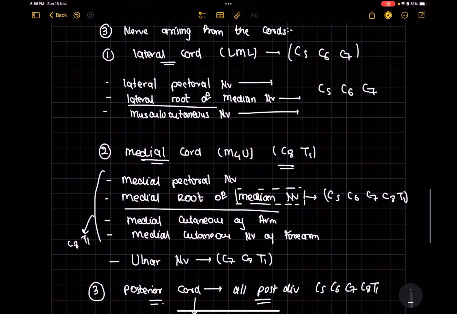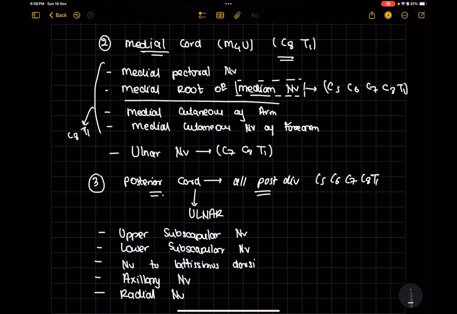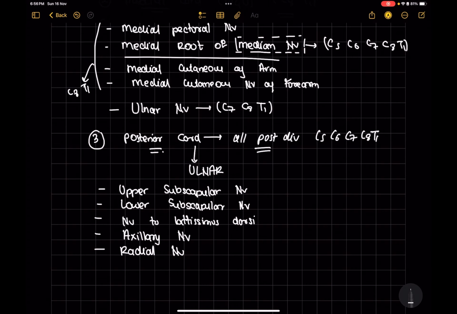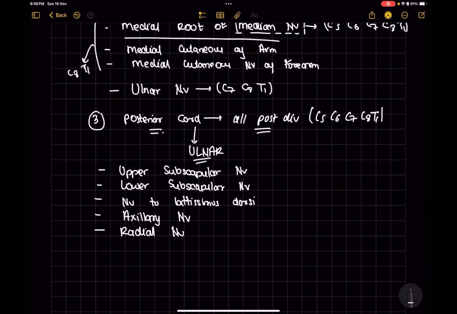These nerves arising from the medial cord would have the root value of C8 T1. It is not that simple with the posterior cord, but you know that it arises from all the root values, that is C5 C6 C7 C8 T1. So if you remember this mnemonic, then remember the nerves' root values as this only.